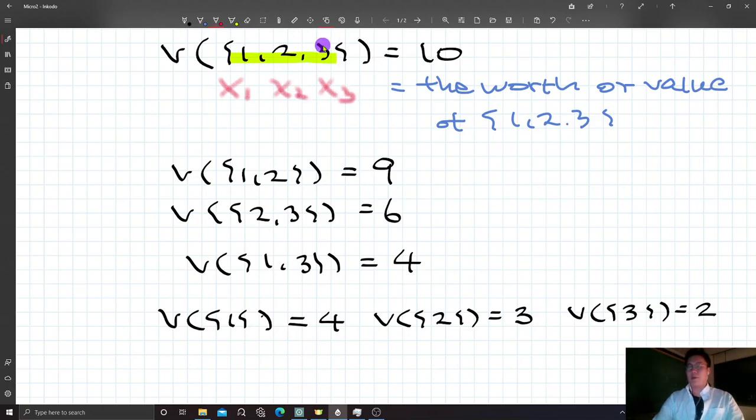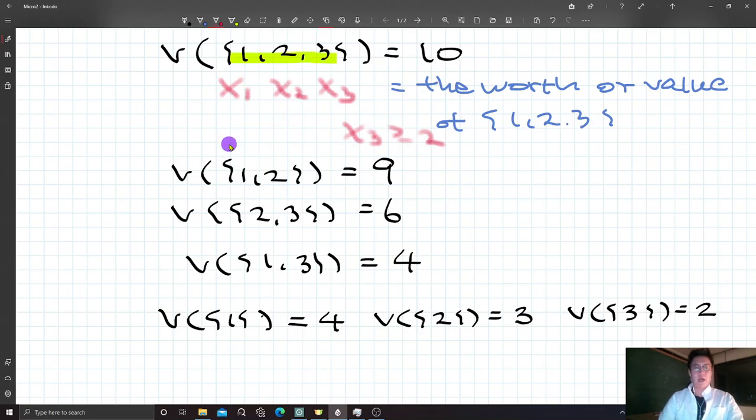and x3 the share of player 3. All right. For this coalition to be sustainable, first x3 should be larger than 2. Otherwise, player 3 will not join this coalition because by acting individually, he can make himself a surplus of 2. Right? So x3 has to be larger than 2.